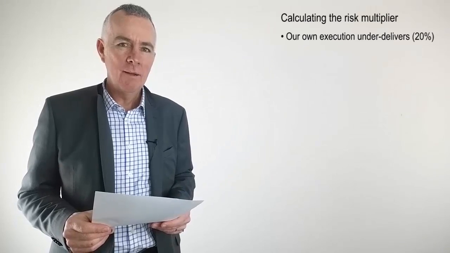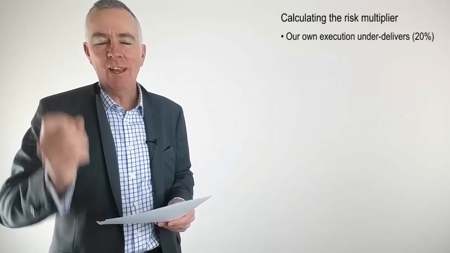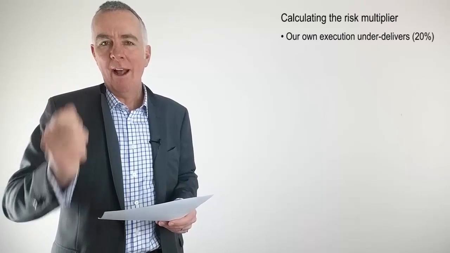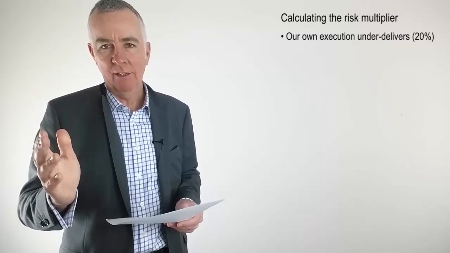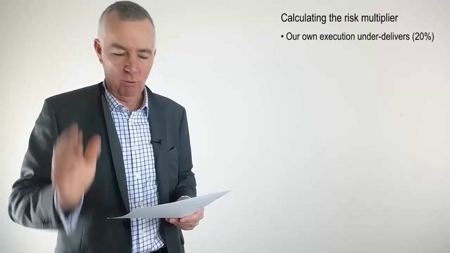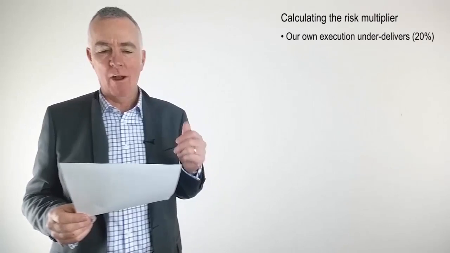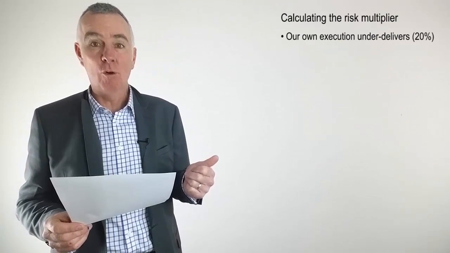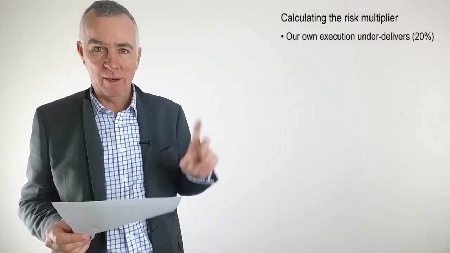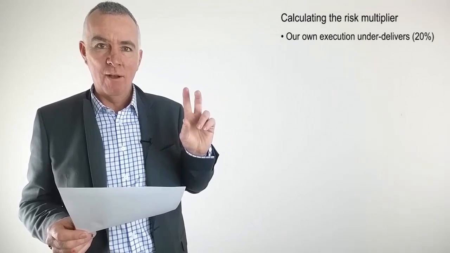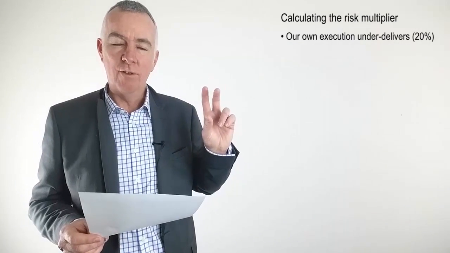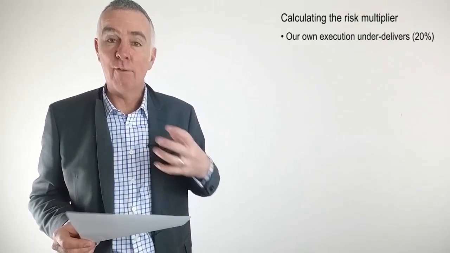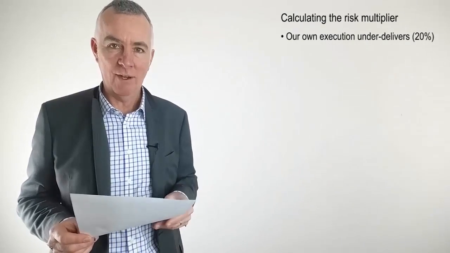You did, but does every single project 100% deliver? They rarely do, despite your best efforts and all of your training. So factor for your own execution risk, that is, that you're part of the problem. In the example here, I'm going to say 20%. So the first risk is my own product or service failing to deliver, and let's say we'll give that 20%.